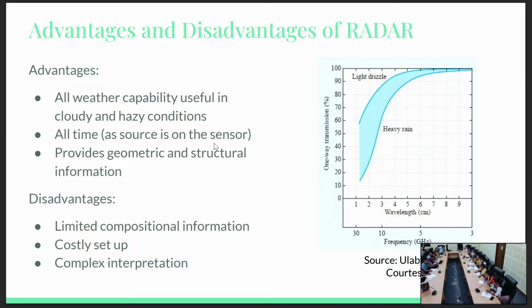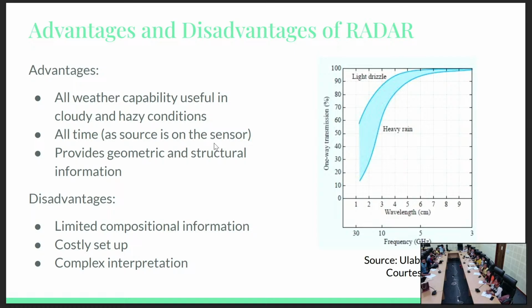Lower frequencies, larger wavelengths, transmission is close to 100, and even in case of heavy rain. This is heavy rain and this upper layer is light drizzle.